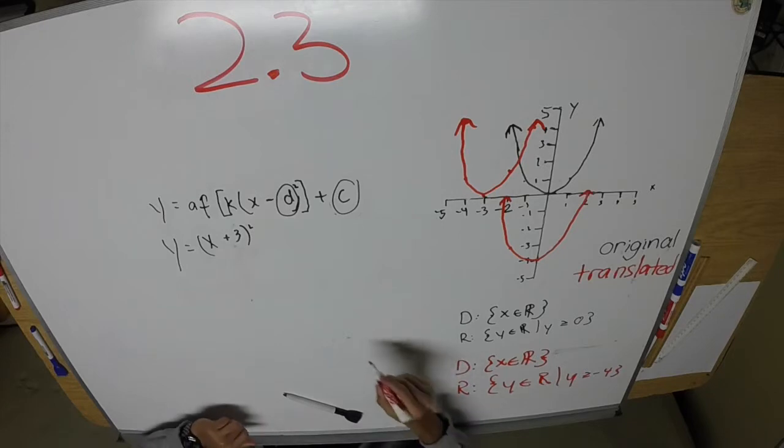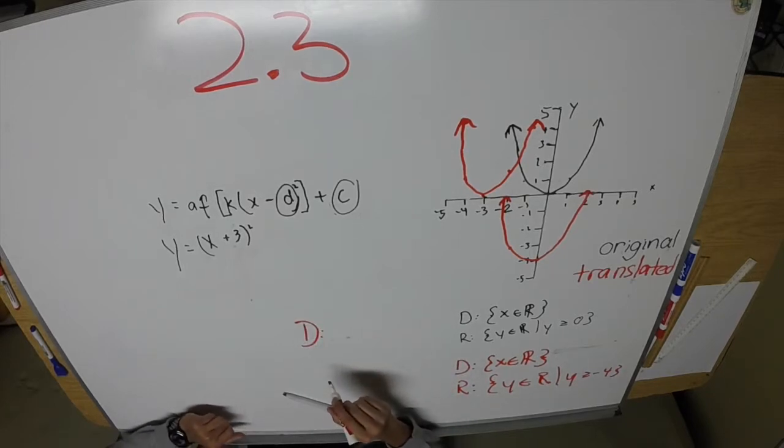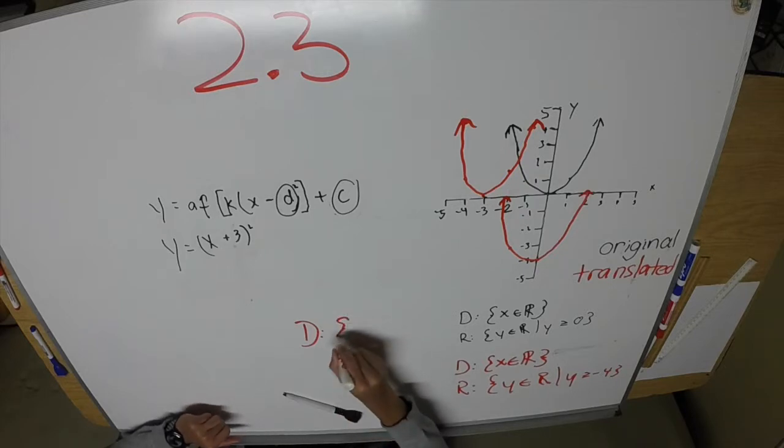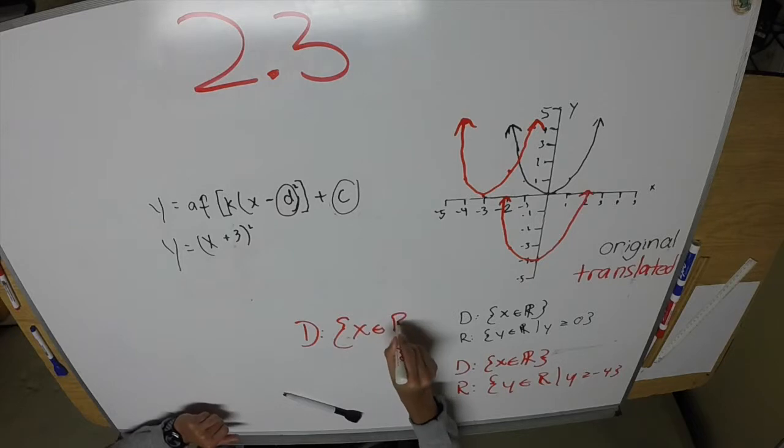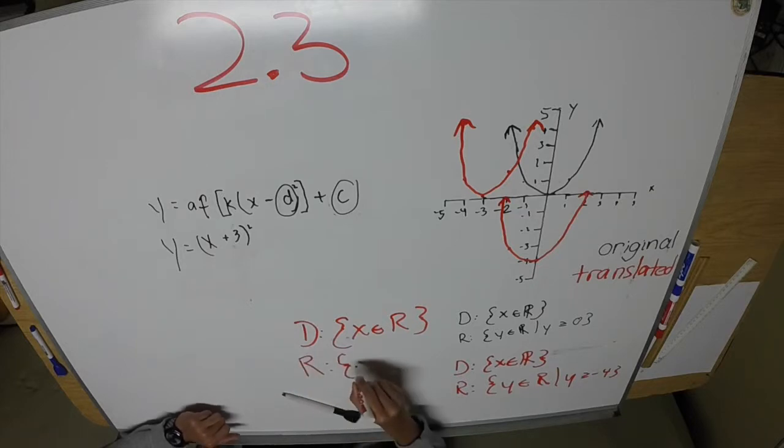Now for the domain and range of this, lastly, the domain would be the one that remains the same because nothing happened to the x values. But the range, once again, remains the same as well.